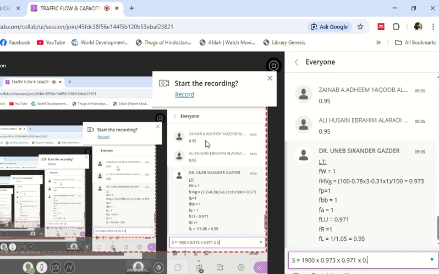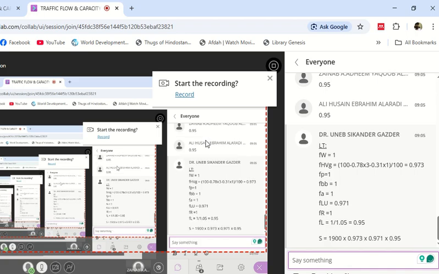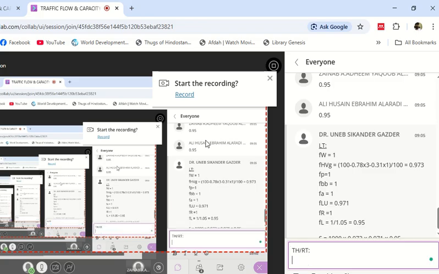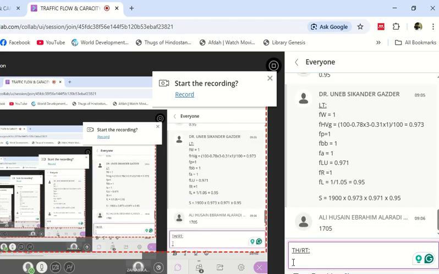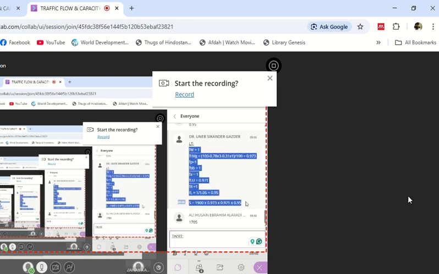The rest are 1. So this will give me for the left turning, for through and right.